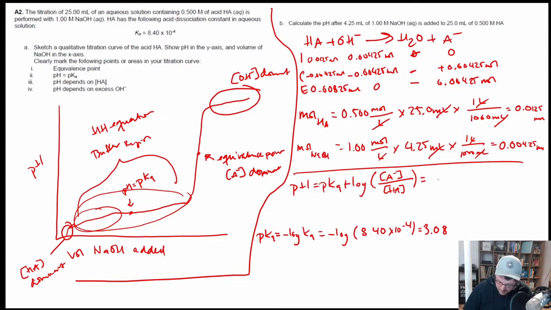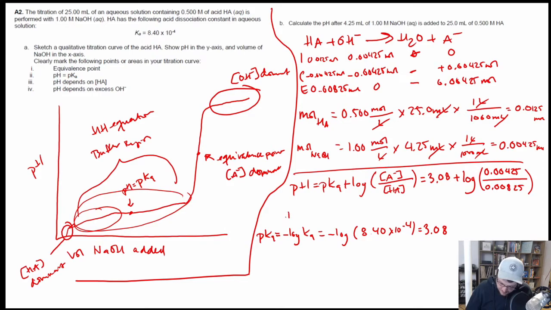So we can take that and plug that in. So 3.08 plus the log of the number of moles of A minus that we have right now, which is 0.00425, divided by the number of moles of HA that we have at this point within the titration, which is 0.00825.